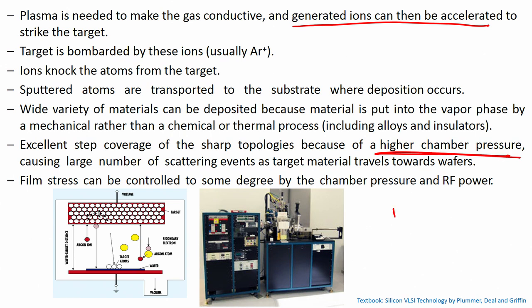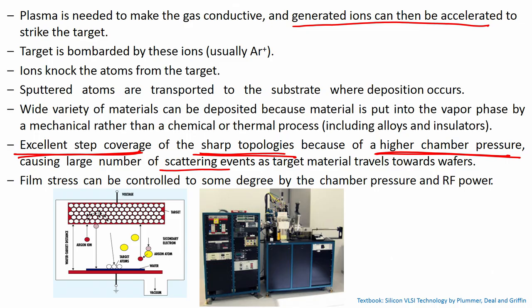Second, if very sharp topologies are laid out and you want to coat them, then sputtering is better compared to thermal evaporation or e-beam evaporation. Sputtering is better when you want excellent step coverage of sharp topologies.